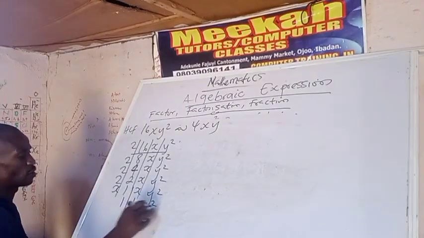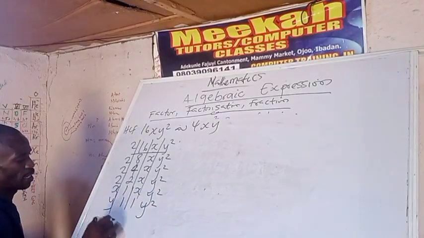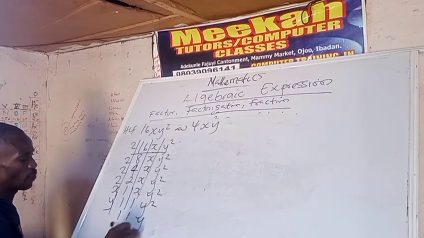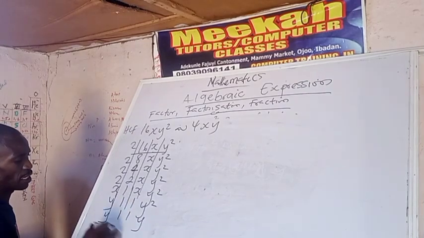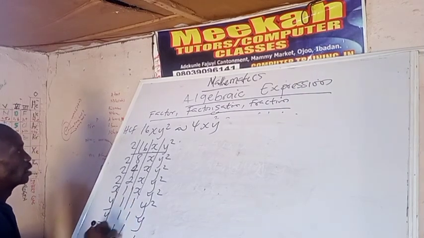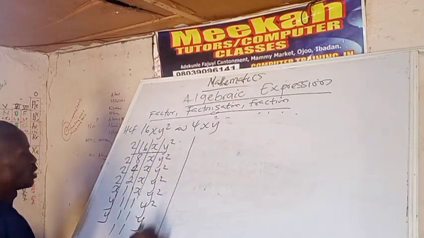You have y squared. Then you have y, here you have 1, you have y, and y here you have 1.